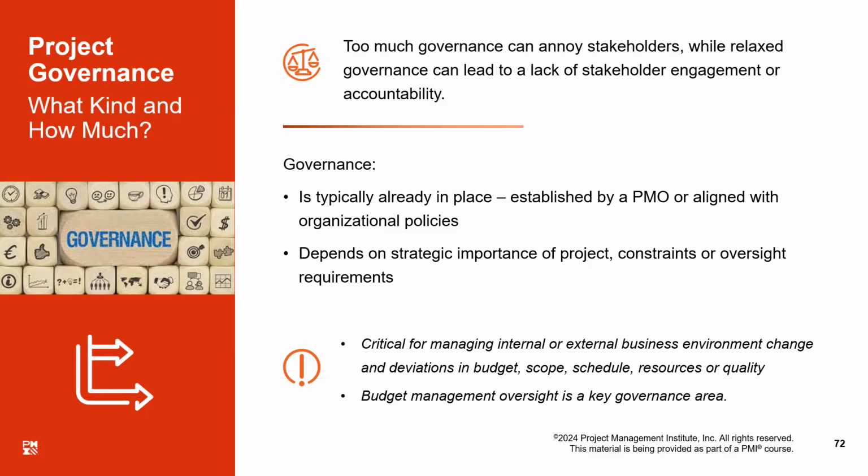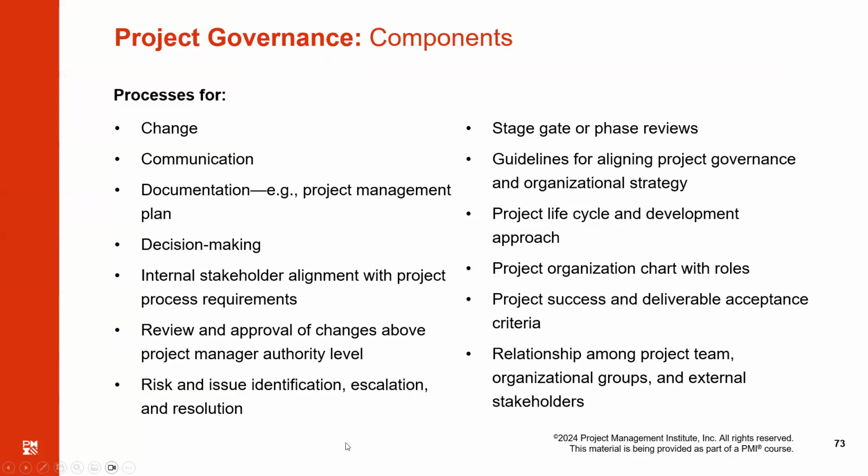The project governance plan must include how it addresses budget management. Whoever is responsible for creating the project governance plan, it would include and address these processes, maybe not in a lot of detail, but at least generically.